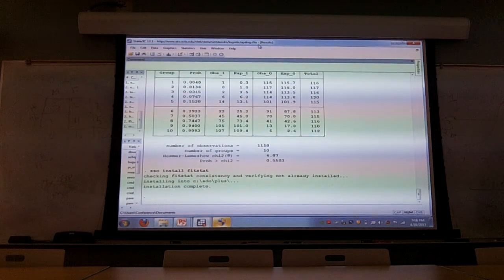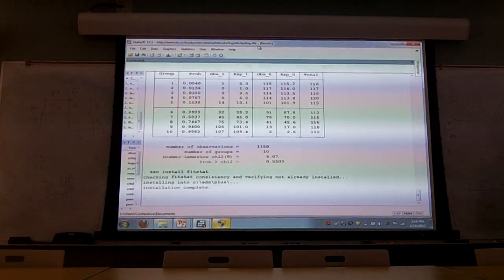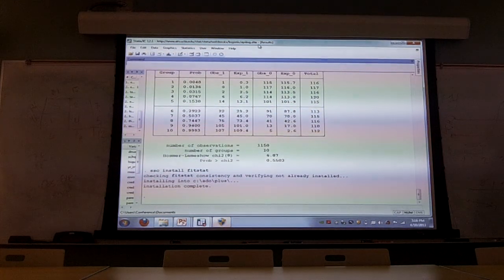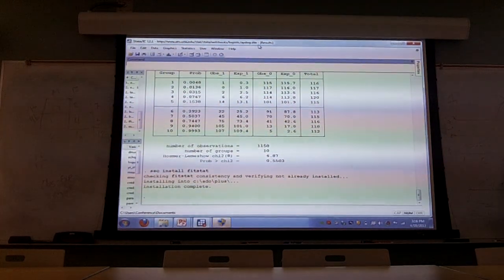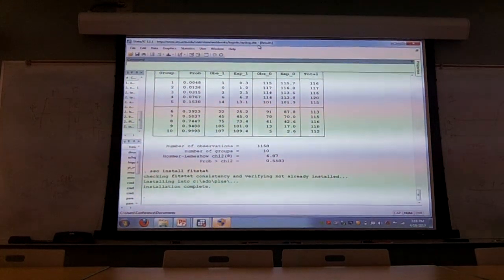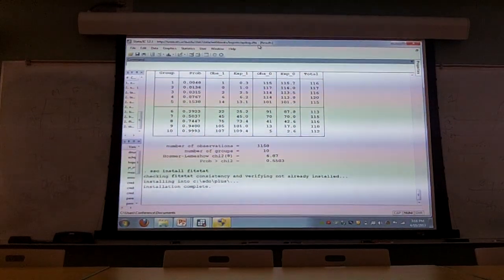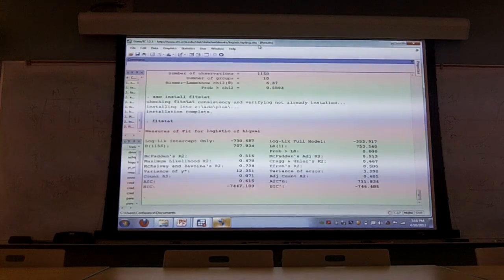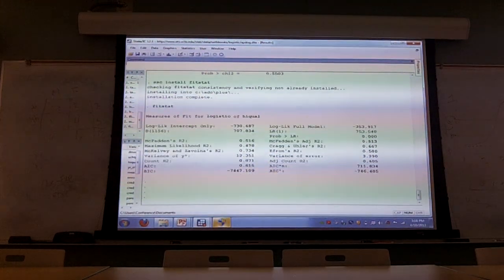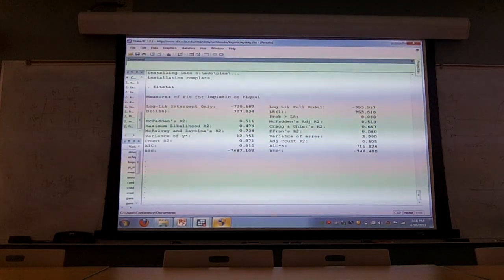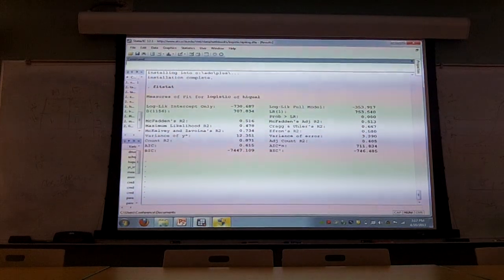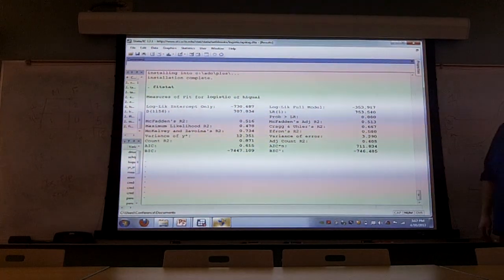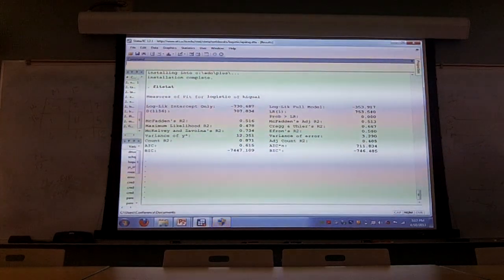What that's going to do is it's going to go out to this site, I think it's up in Boston, and it's going to download and install this program for you. So after you install FitStat, type FitStat, and you should get this table.